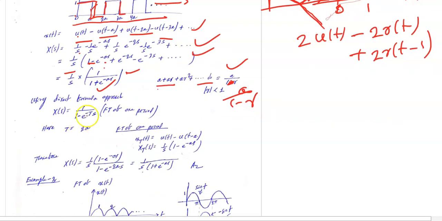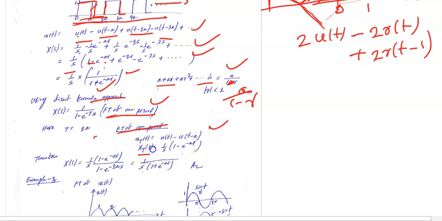Another way, using the direct formula approach: 1 upon 1 minus e to the power minus ts and the Laplace transform of 1 period. Here the 1 period is t equal to 2a, and the ft of 1 period is ut minus u of t minus a.